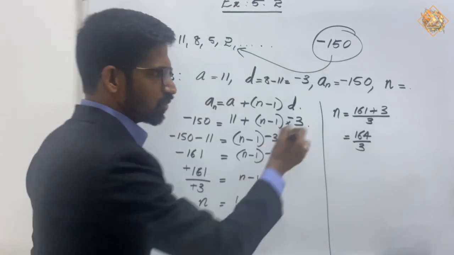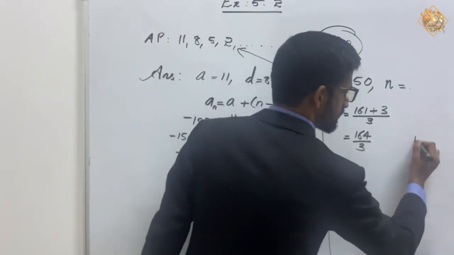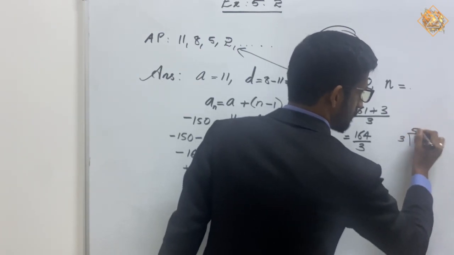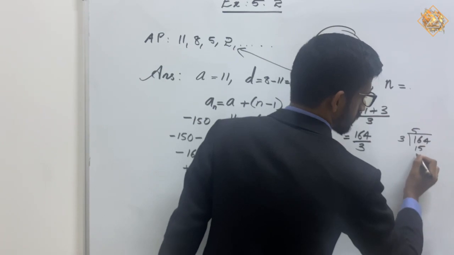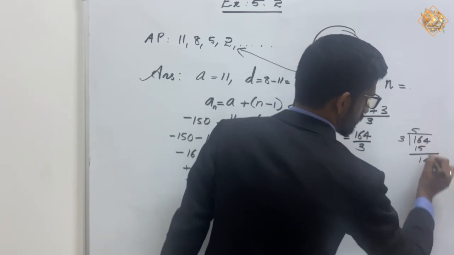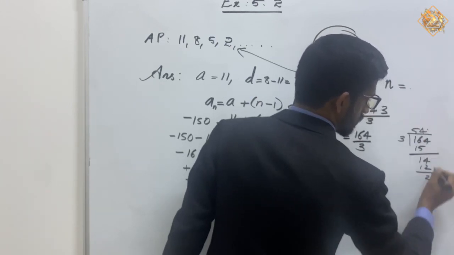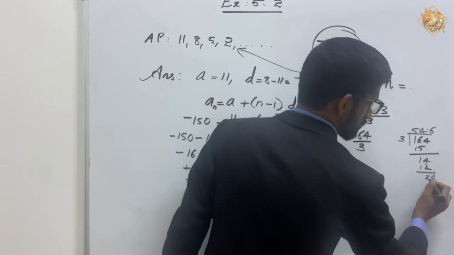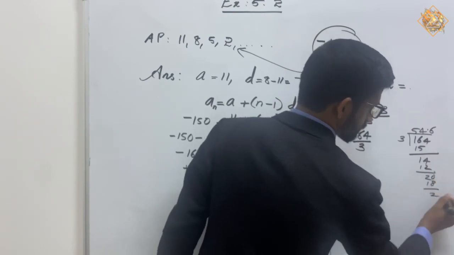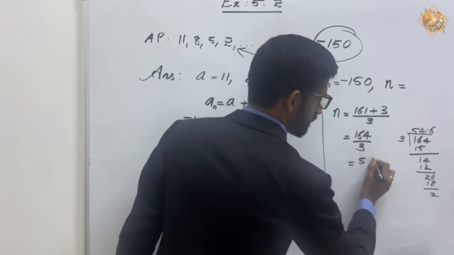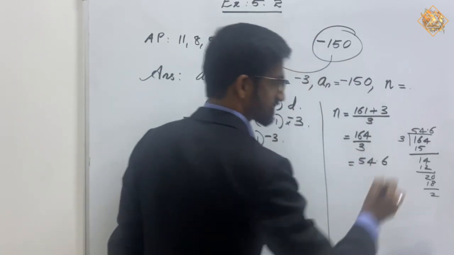Now we can divide and check what is 164 divided by 3. 3 into 4, 12. 3 into 6, 18. So we got here 54.6.